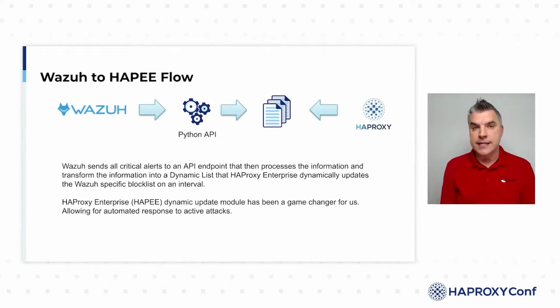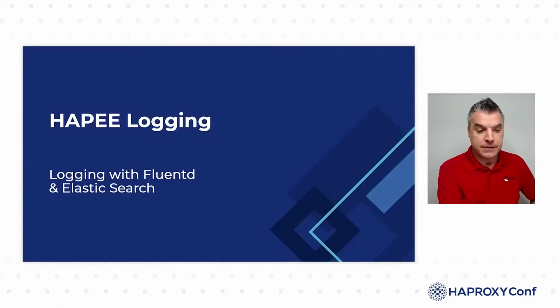If Wazuh says, even though it made it past all of HAProxy's rules, I still want to block it, I'm able to allow Wazuh to notify HAProxy to block the traffic. And so you can see, if you have a third-party program, you could write your own APIs and then have HAProxy ingest that using dynamic update.